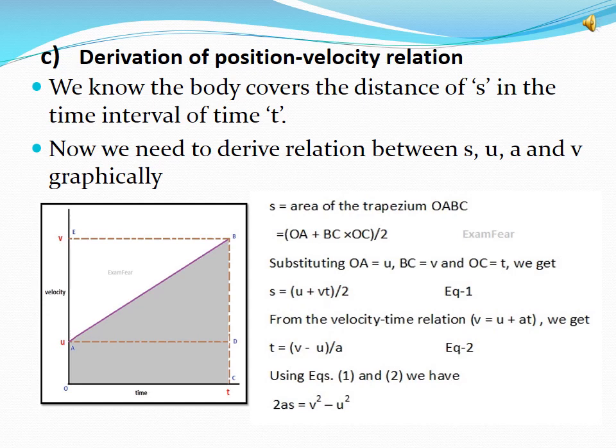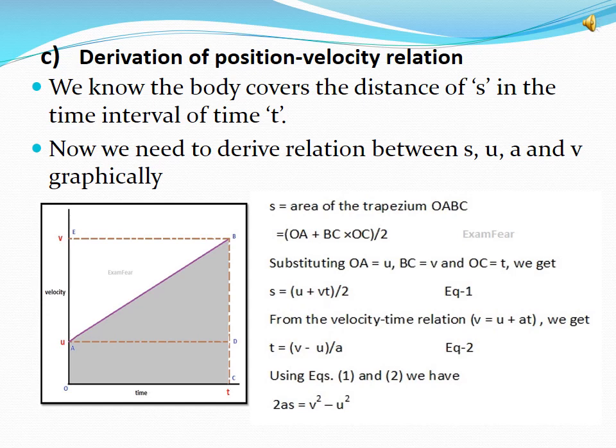So the area of the trapezium OABC is equal to (OA plus BC) divided by 2 into OC. The distance traveled by the body s is equal to the area of the trapezium, which is equal to 1 by 2 into the sum of the two parallel sides into the perpendicular distance between these two sides of the trapezium.